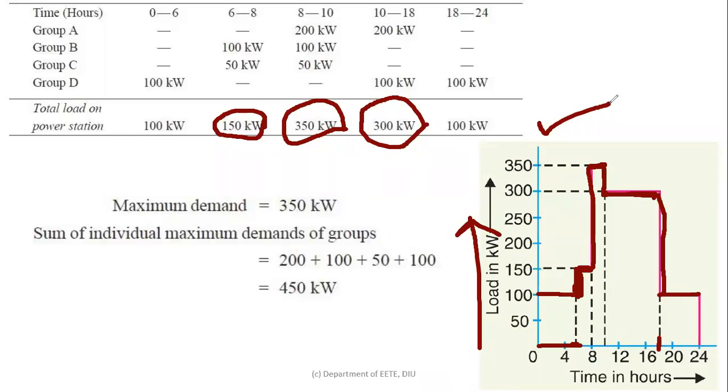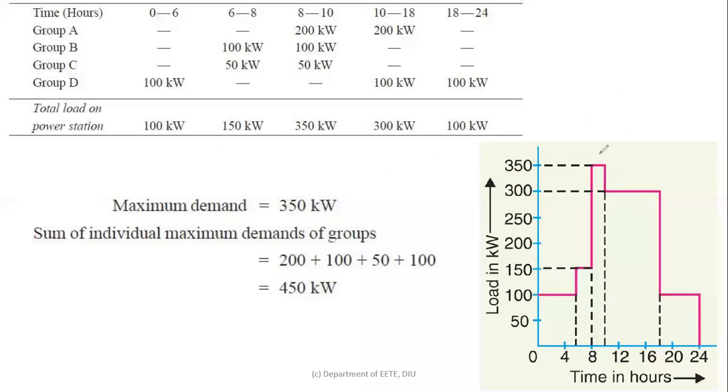So from this diagram, if I clear all my drawing, the peak value you can see is 350. That is 350, so this is the maximum demand. As I told, in the load curve, the highest peak value is the maximum demand of that power station.